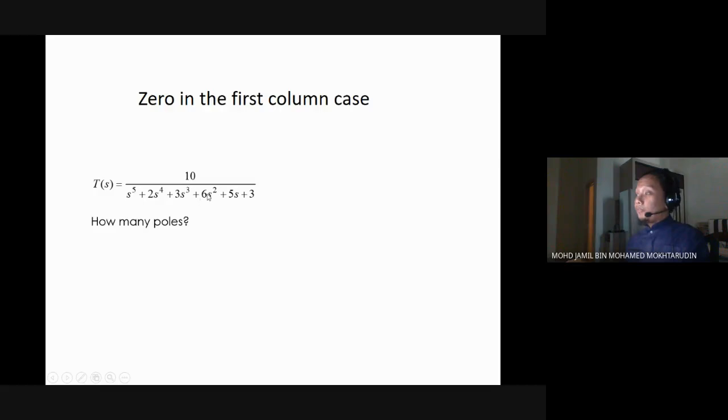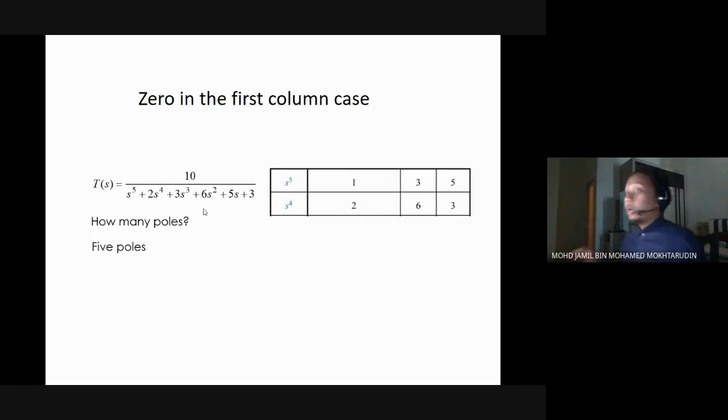If you solve the denominator equals 0, there will be 5 values for s, meaning 5 values for the poles. You don't know the values unless you factorize the denominator, but without factorizing, you can know the system stability.